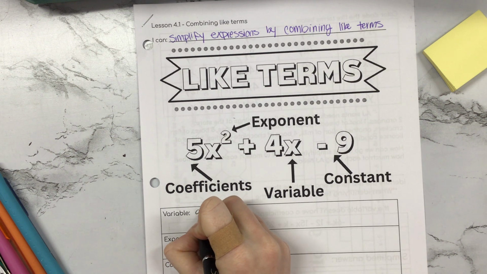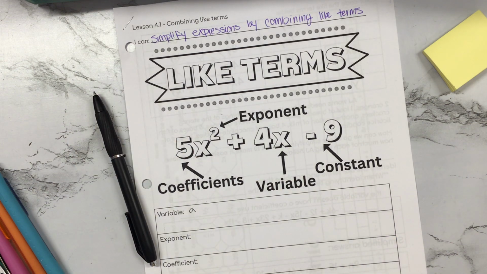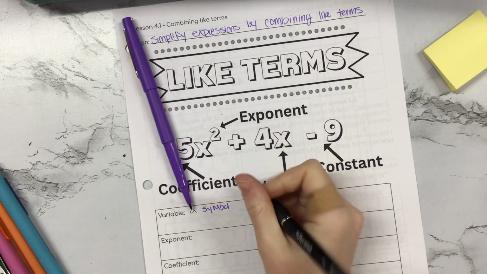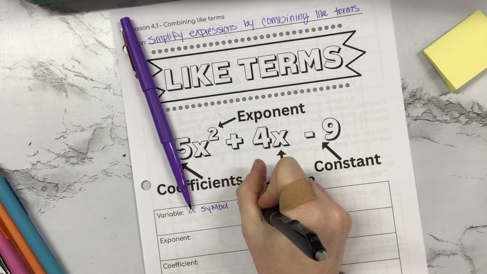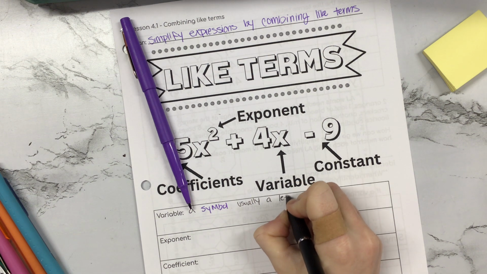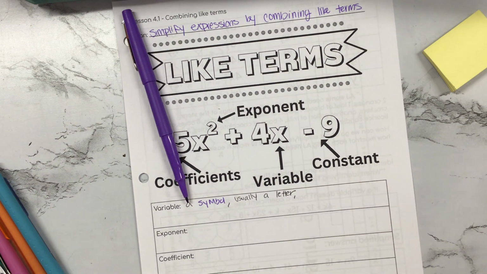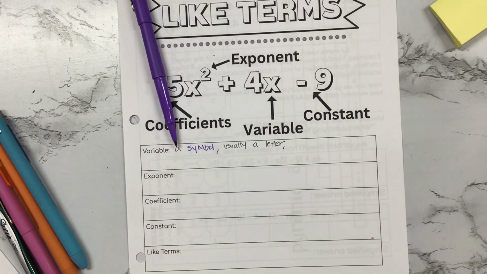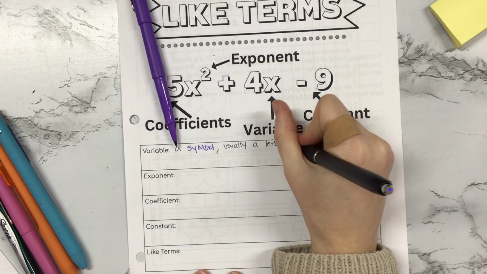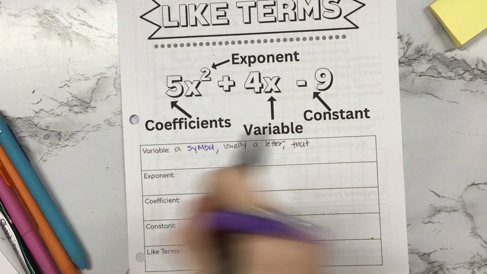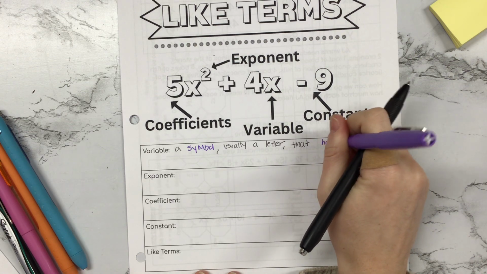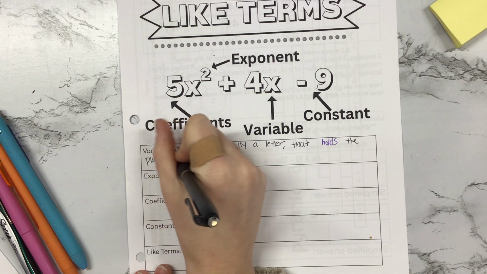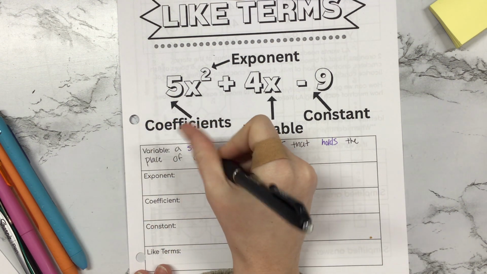A variable is a symbol, usually a letter, and we use that to hold the place of a number we don't know.